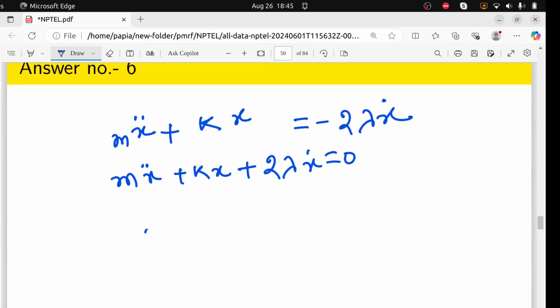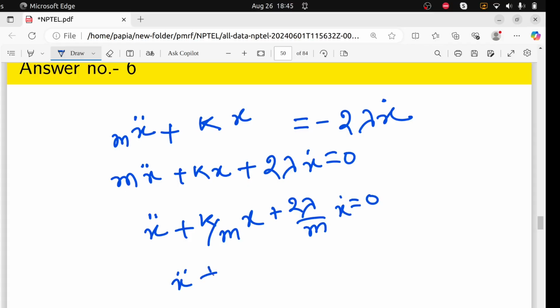So this will be x double dot plus k by m x plus 2 lambda by m x dot equals 0. So x double dot plus omega 0 square. Why omega 0 square are we talking about? Because lambda is also a frequency-like thing. So we will basically write omega 0, and later it will be omega square for the damping case.